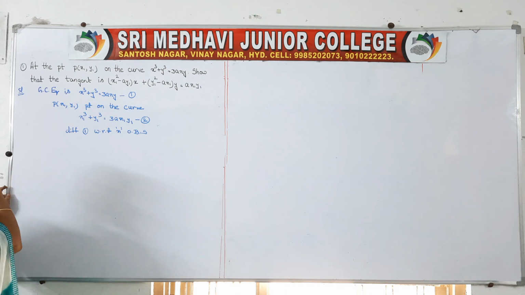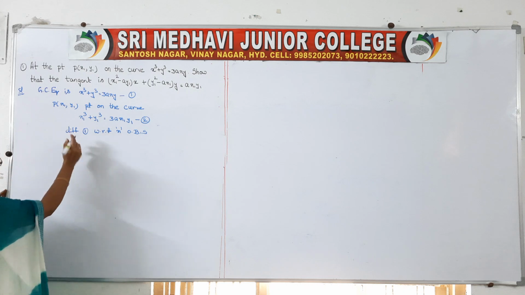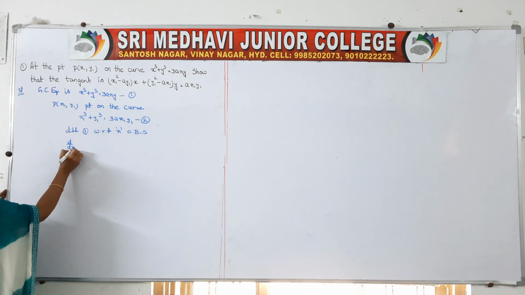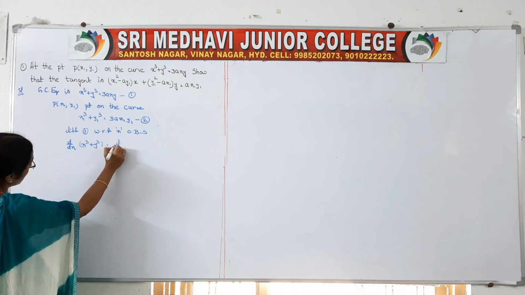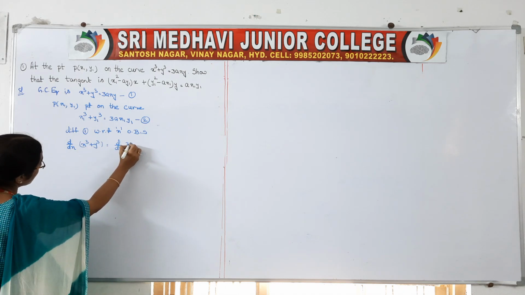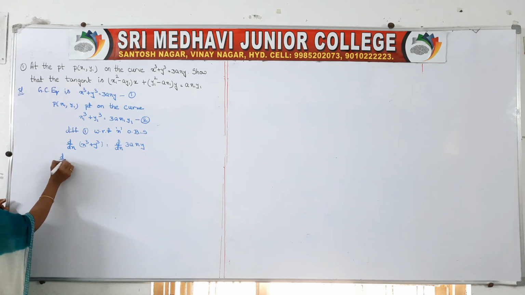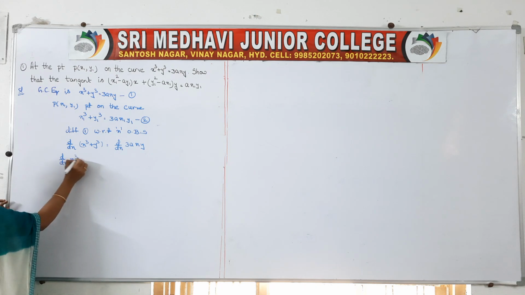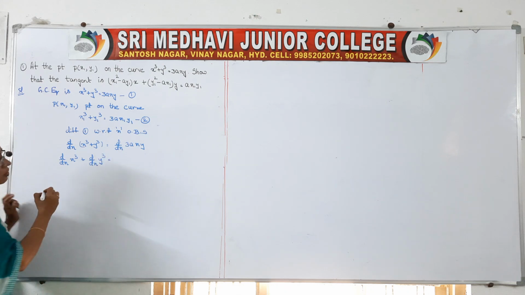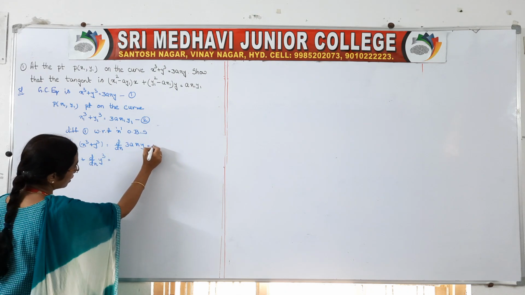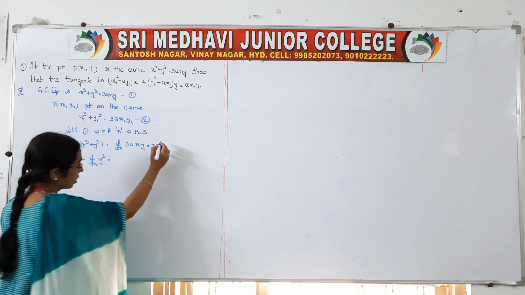So we will differentiate 1 with respect to x on both sides, then d by dx of x cube plus y cube is equal to d by dx of 3axy. So it is d by dx of x cube plus d by dx of y cube is equal to, here 3 is a constant, a is a constant, letters and numbers are constant.